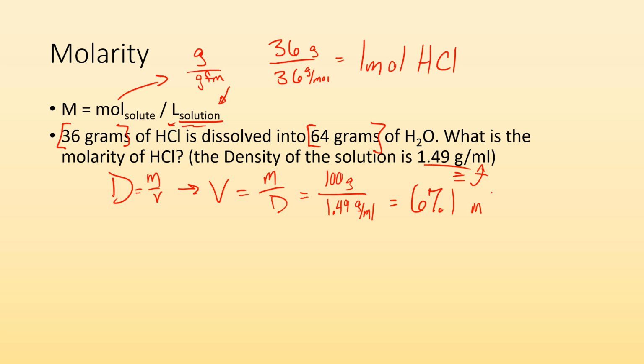67.1 milliliters. Now you can see the volume for that is greater than that of just the water, because when we add more stuff to the water, we change the volume, we increase the volume. So if it's got to be in liters, again, I got to now convert that. 67.1 milliliters times, well, 1 liter is 1,000 milliliters. So when I do that math, I end up with 0.0671 liters.